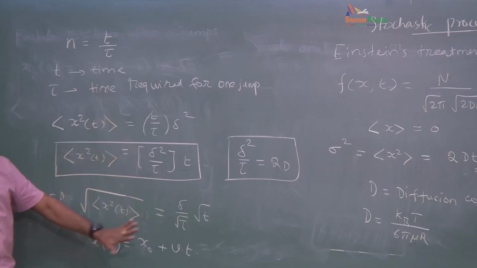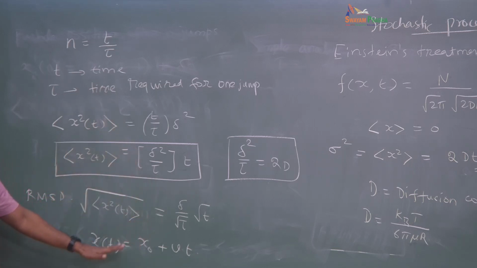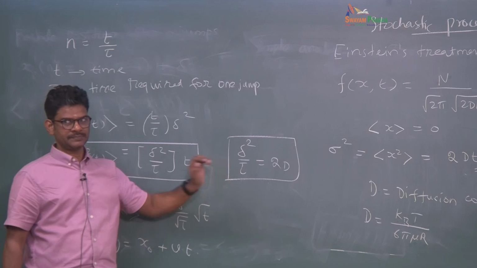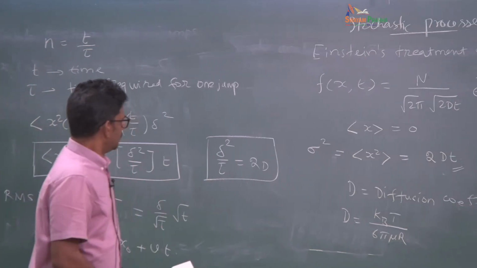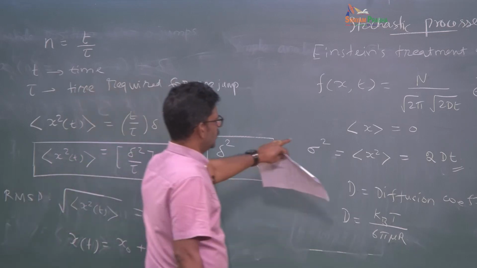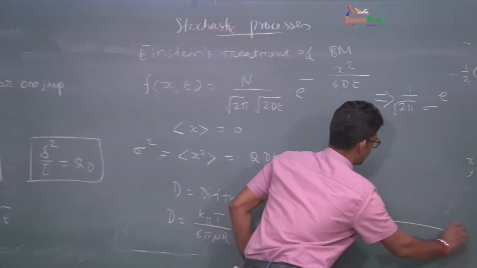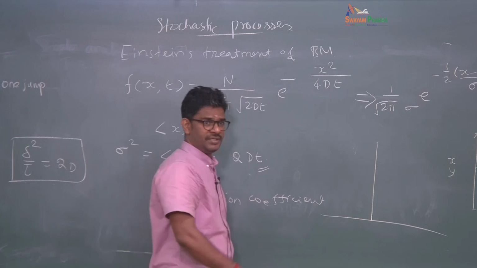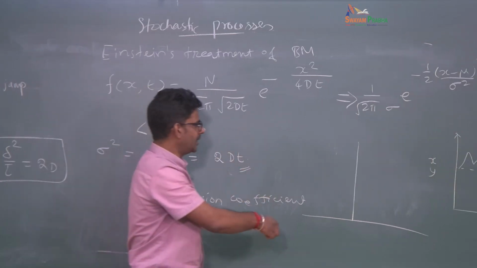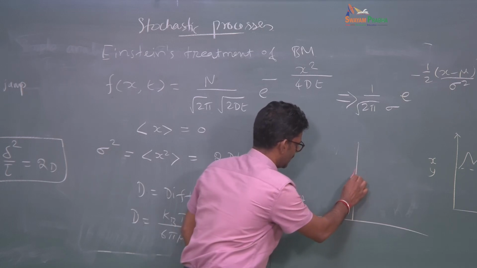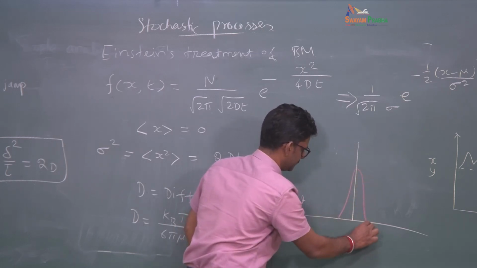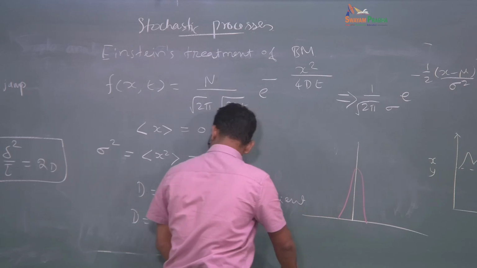You start with a very basic rule of random walk, and you can arrive at the same result. And of course, if you want to plot this function, you will see that at time t this will be a delta function, and then as a function of time you will see that it would spread. It's supposed to be symmetric.